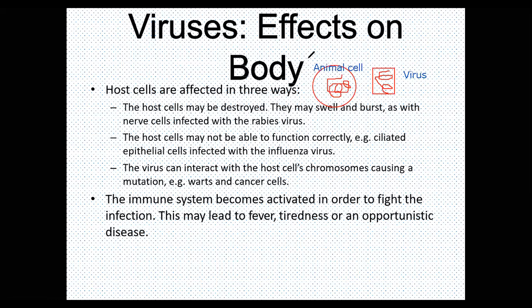Then what happens? Sometimes this RNA and chromosome fuse. Chromosome and RNA fuse with each other, they mix. Due to this, there will be mutation. Look here, one term, mutation.